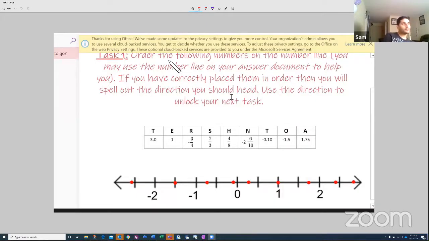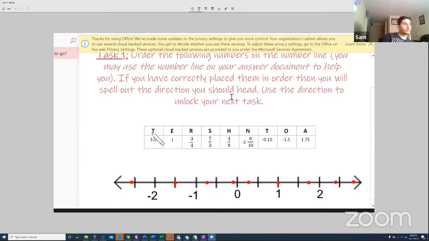Okay. All right, so following numbers. So we have to order the following numbers on the number lines. You may use the number line on your answer document to help. So we have to plot this number right here on this number line, right?